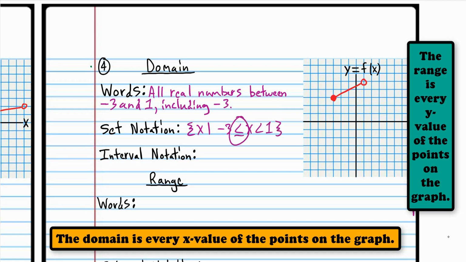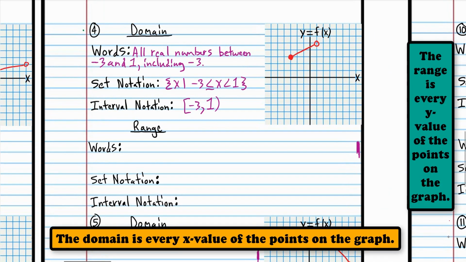So we need a less than or equal to symbol there. In interval notation, we need a bracket, -3, comma, 1, and then a parenthesis. So a parenthesis because we have an open dot, and a bracket because we have a closed dot. So that means that -3 is part of the domain. Everything in between -3 and 1 is part of the domain, but 1 is not part of the domain.